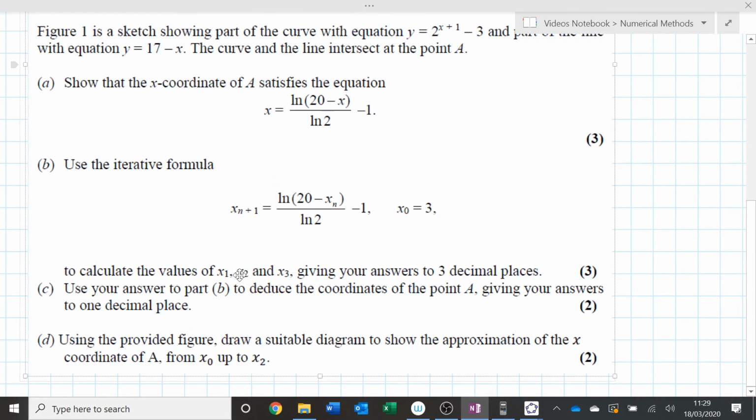Use the iterative formula to find some x1, x2 values and give them to 3 decimal places. You might try and find where the intersection is. And then finally, you might need to draw a diagram, or draw on a copy of a diagram, the actual cobweb or staircase that comes from these kinds of questions.